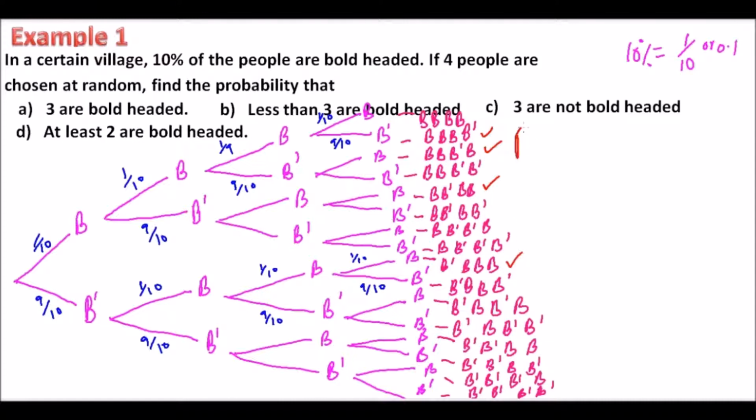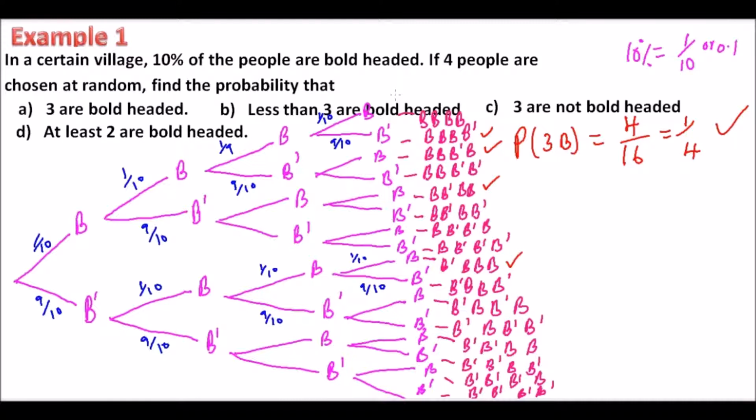So the probability that 3 are bold-headed is 4 options out of a total of 16 outcomes, which equals 1/4 when you simplify. You can also use the probabilities of 1/10 and 9/10. They should give you the same result. But this is simpler because we are dealing with outcomes.